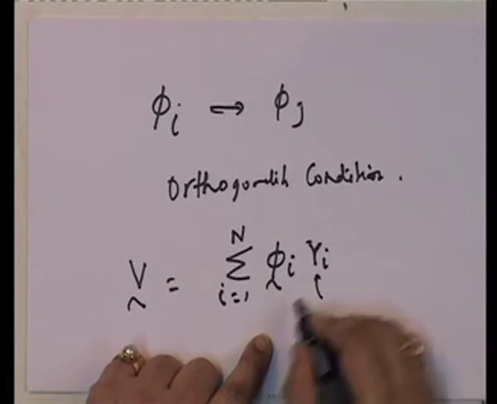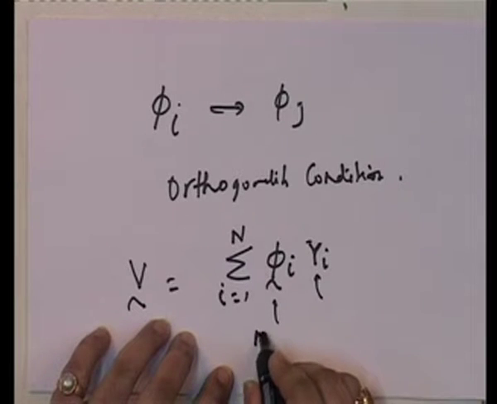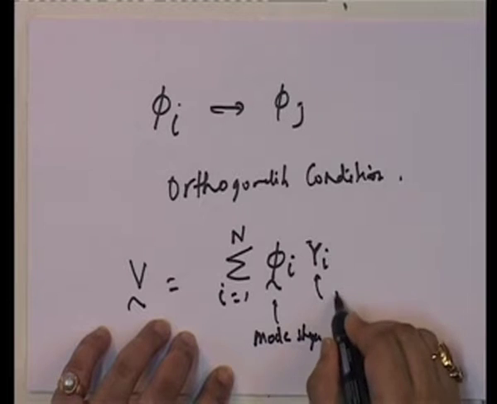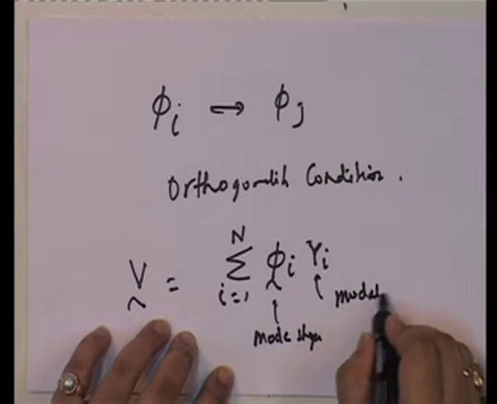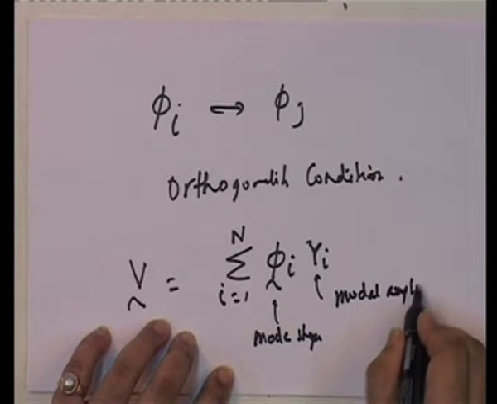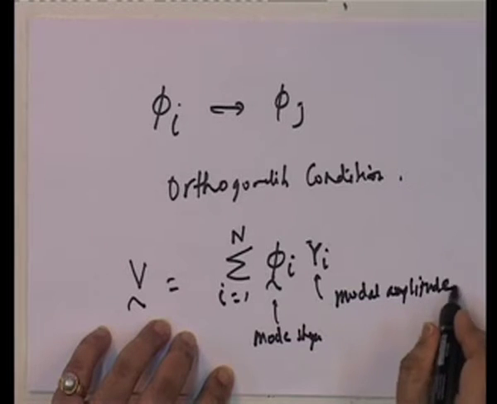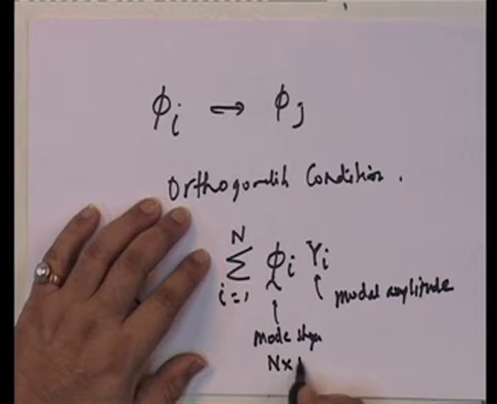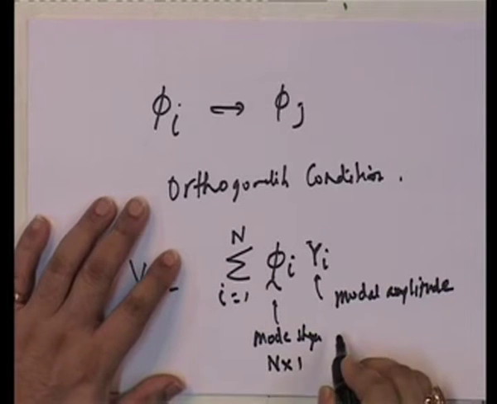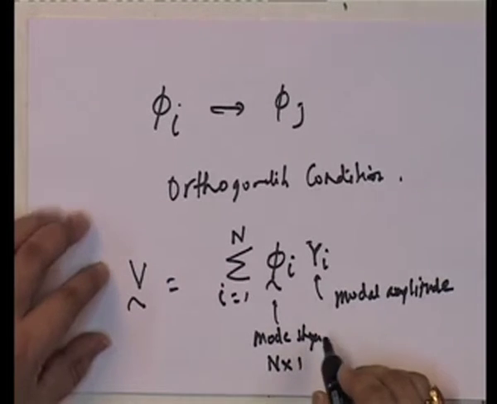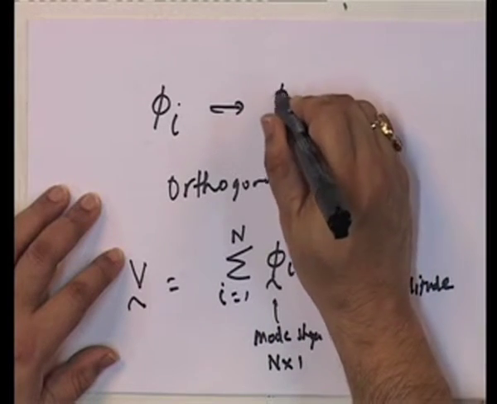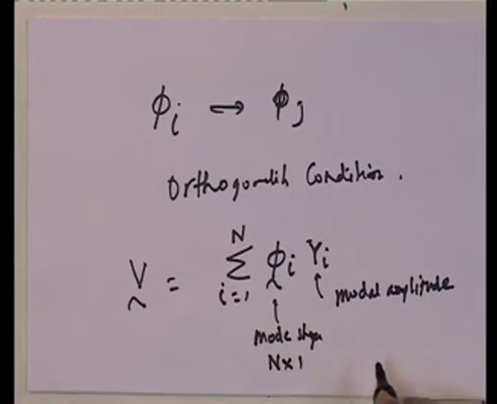And what is this? This is the mode shape and this is the modal amplitude. Note that this mode shape is an n by 1 vector, and I know that it does not contain any of the other modes because they satisfy the orthogonality condition.